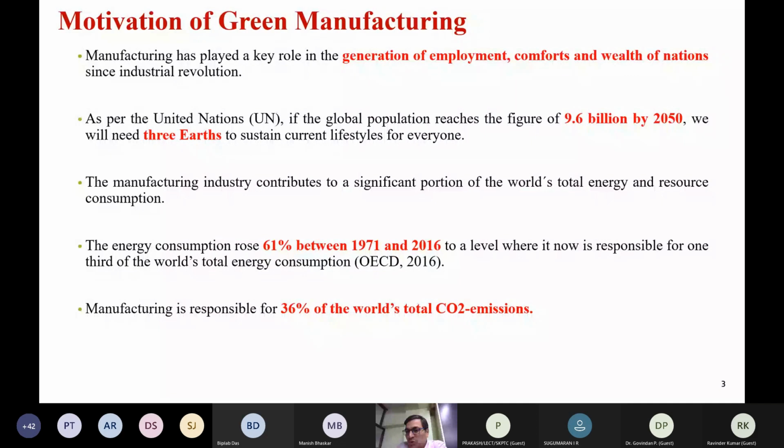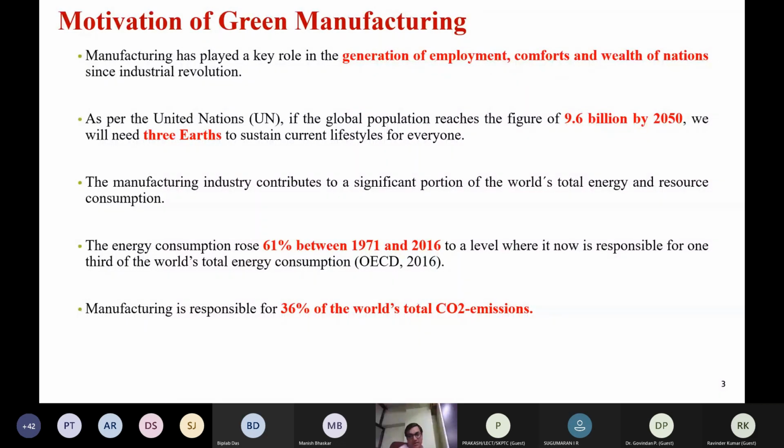Then what will happen? At that time, to sustain, to live, we would need 3 equal Mother Earths. We have limited resources. We have only one Mother Earth. Then what would happen? That is a very important concern. Everybody should think in that direction: how we can use the resources and natural resources.